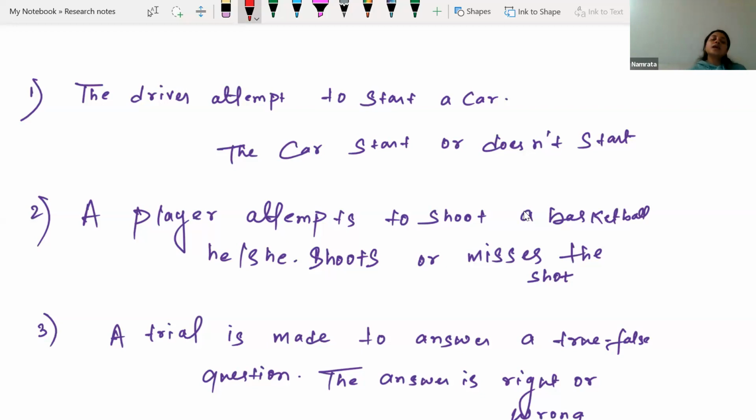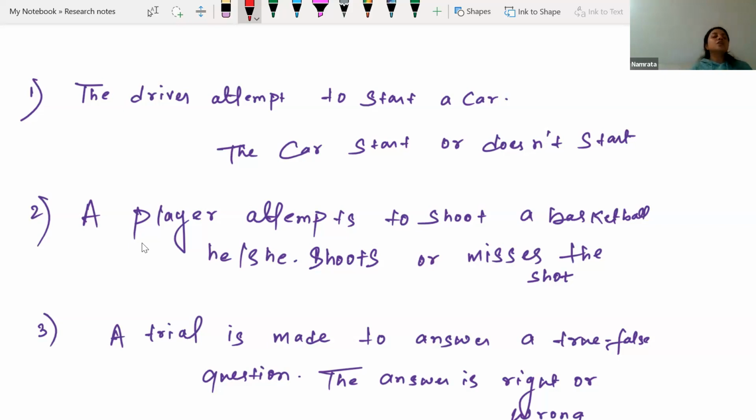Now the next question we discussed: a player attempts to shoot a basketball, so he or she will shoot or miss. It depends upon the preparation of the player, how capable the player is and how much preparation the player has taken. If the player is one of the best players who never misses a shot, then obviously there are more chances of shooting.